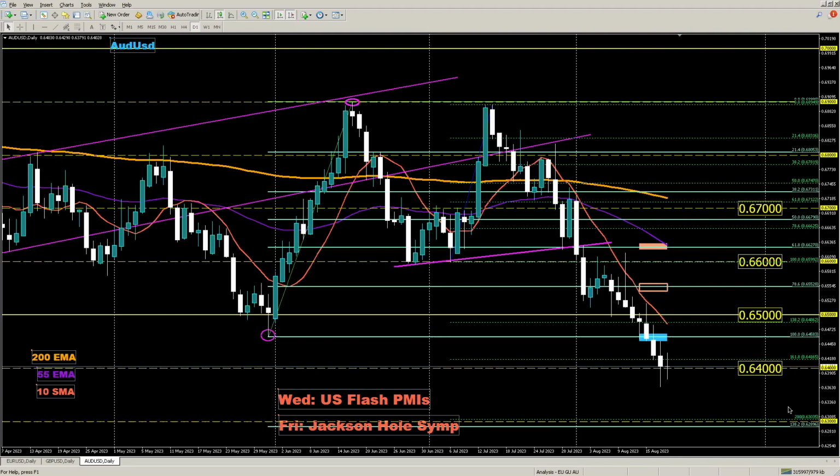And there's a whole confluence of support here at the 200 pip, the round figure of 63, and then the 138 pip extension of this swing reversal move. So that's a major support zone. And if it does not find support from the 64, and if it does break down, then it needs to find support at 63. This is the next major support zone.